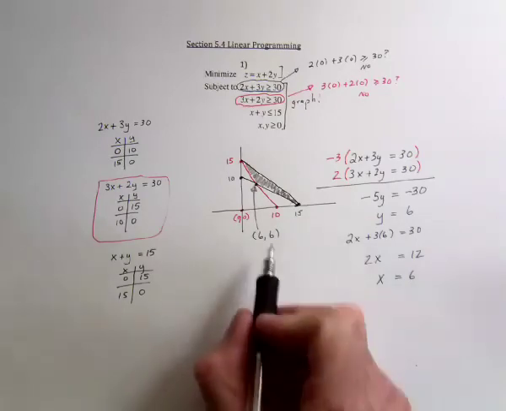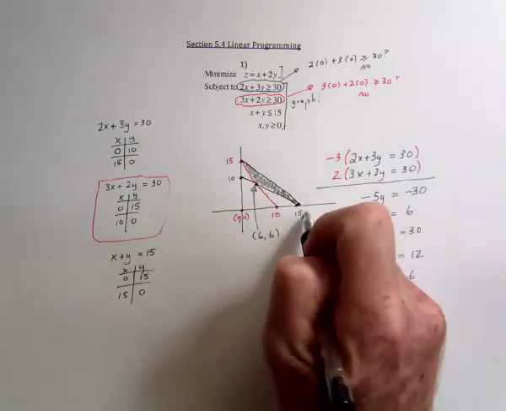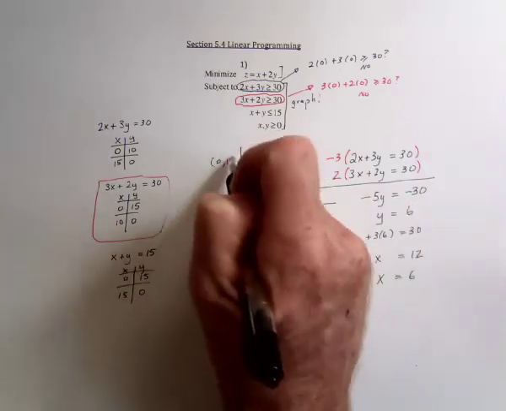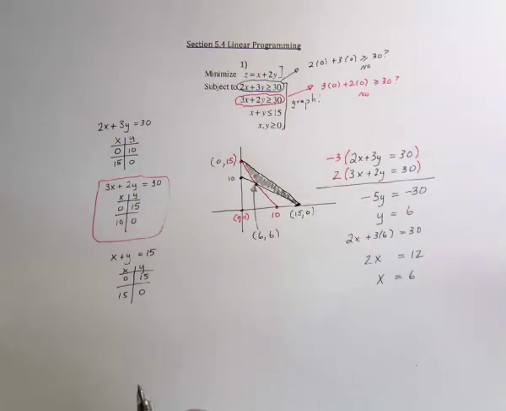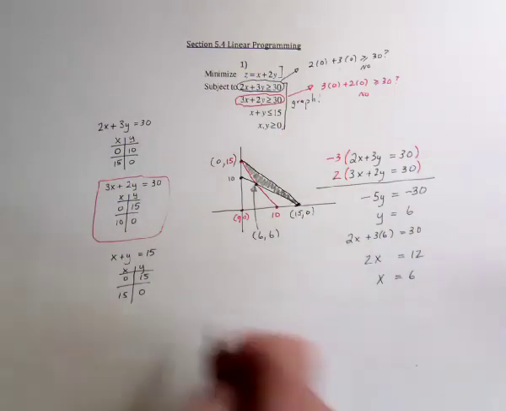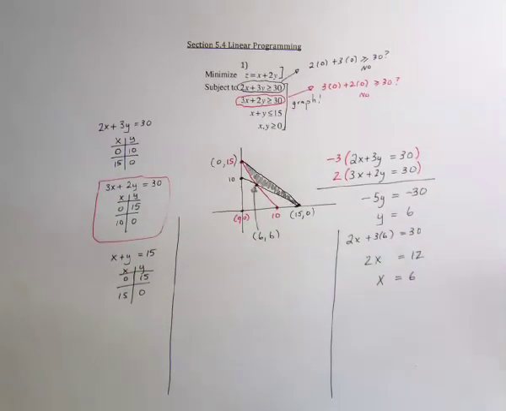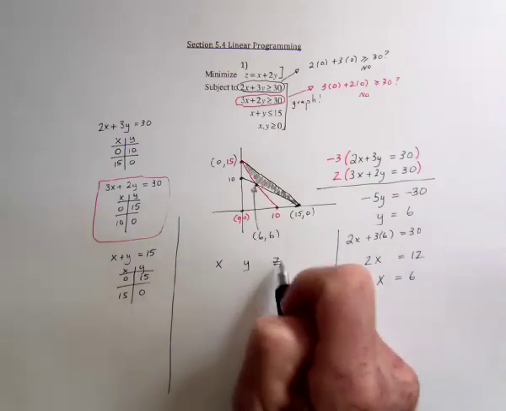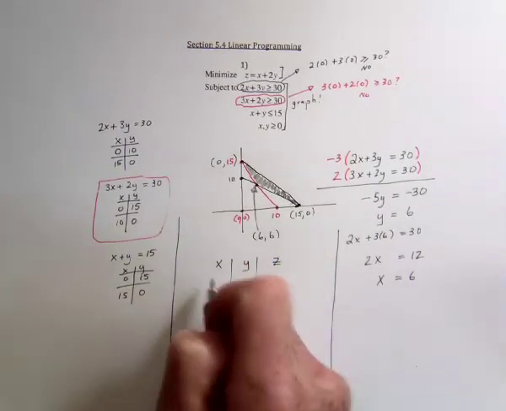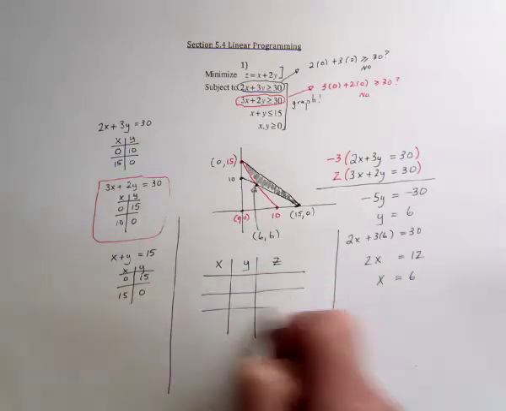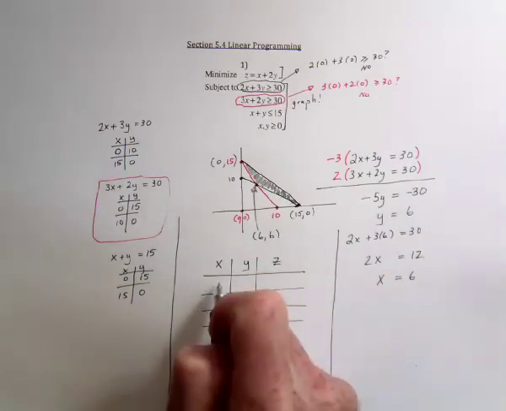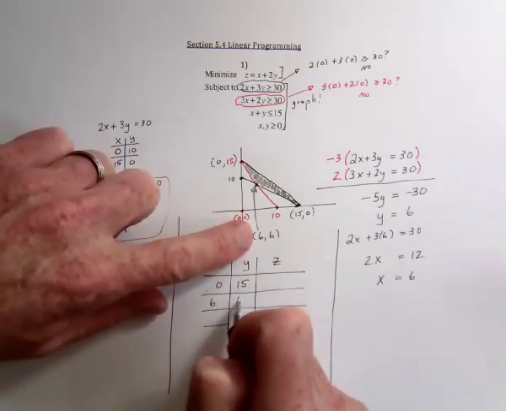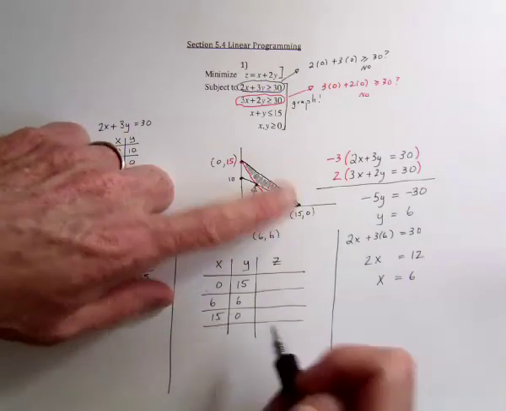Now the next part is take the 6, 6, the 15, 0, the 0, 15, take those 3 points and substitute it into the z function. I can even make a little table of values with x, y, and z. So we've got this point 0 and 15, this one 6, 6, and then this one 15, 0.